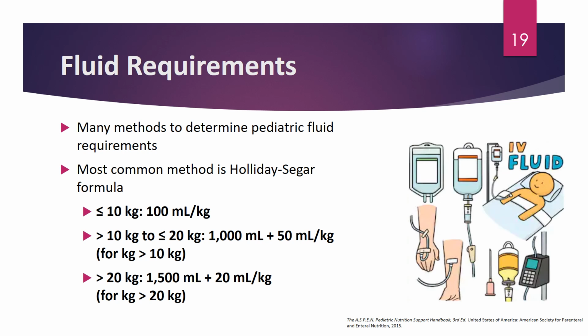So that's 5 kilos in the case of a 15 kilogram patient. So I would multiply the second part of the equation, the 50 mLs per kilo, times 5. So 5 times 50, if you use order of operations, is 250, plus the 1,000. That would be 1,250 milliliters.